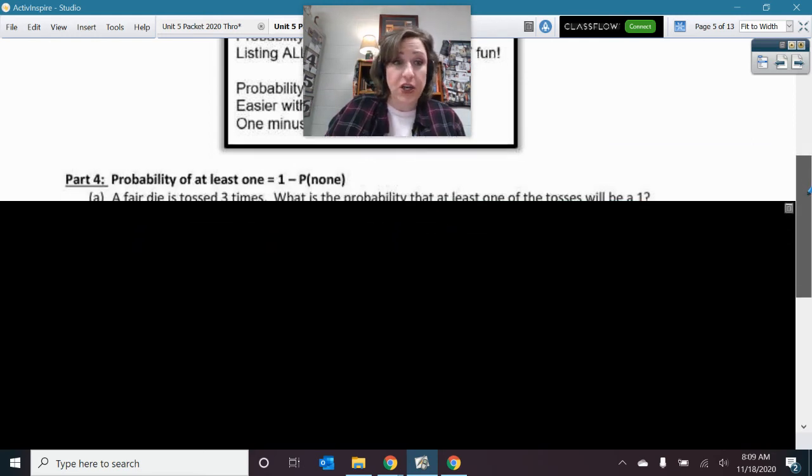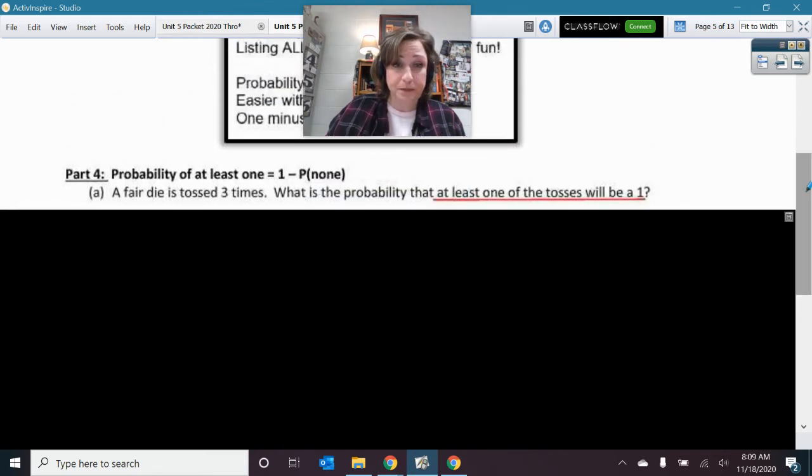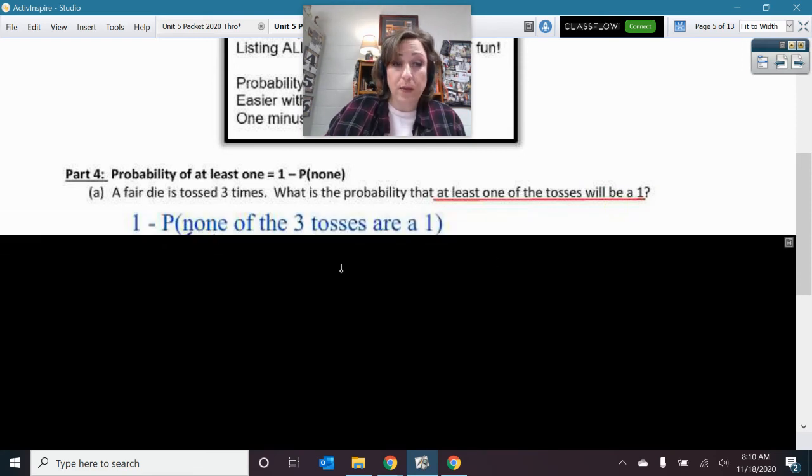Okay, so let's go through this last section here. Here we have the fair dice tossed 3 times. What's the probability at least one of them is a 1? So that's the probability that none. Now, I write out the details here because you can get lost in the details if you just write probability of none.